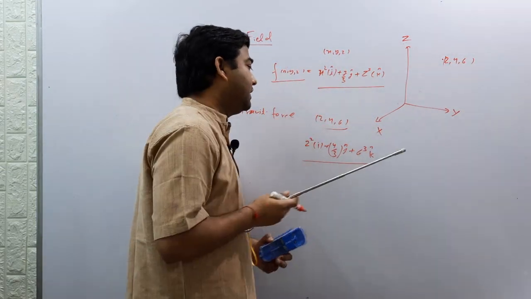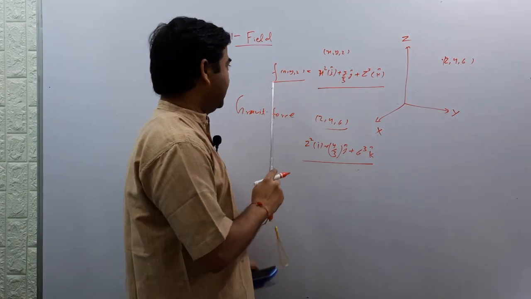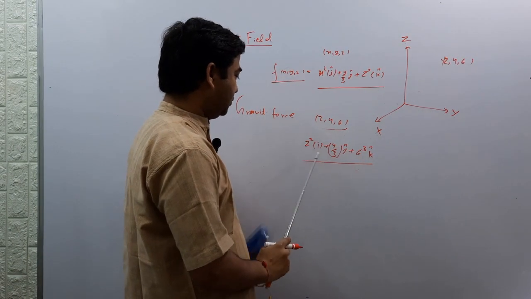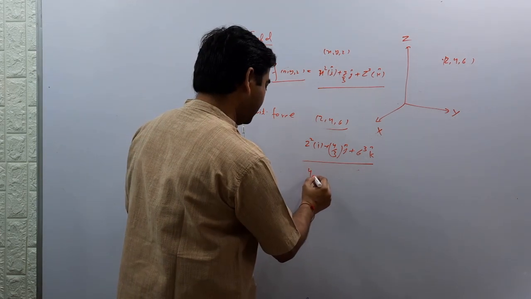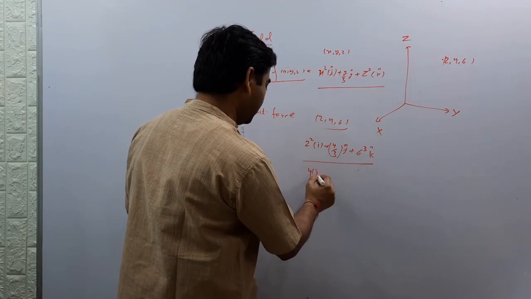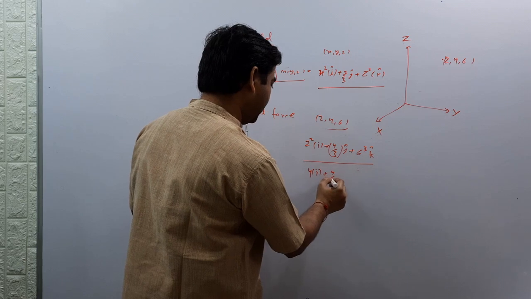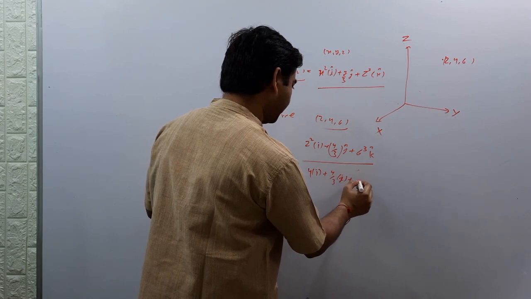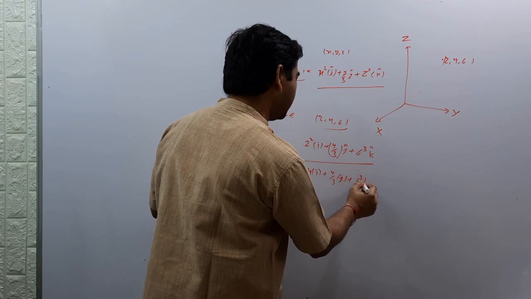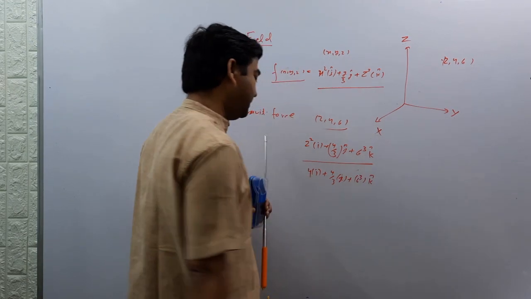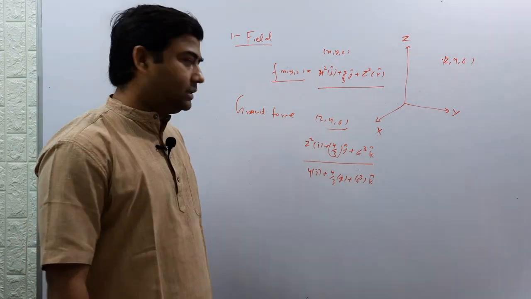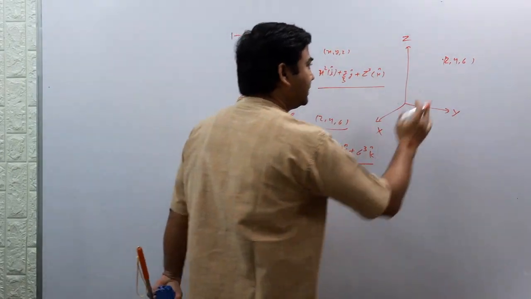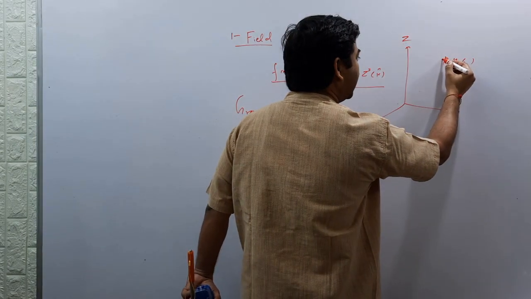At this point we have found the value of the gravitational field equal to 4i plus 4 by 3 j plus 6 cube k. Just for example, we have taken it. So this is a vector quantity.